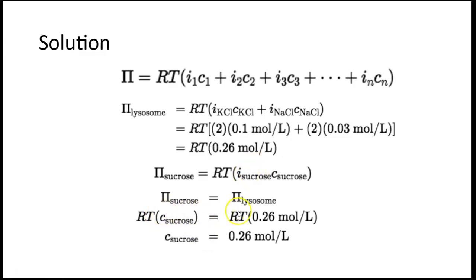And what we have on the right side is where we stopped in the calculation of the osmotic pressure of lysosome. Now, RT can cancel out on both sides, and you're left with the concentration of the sucrose being 0.26 molarity, and we are done with this problem.